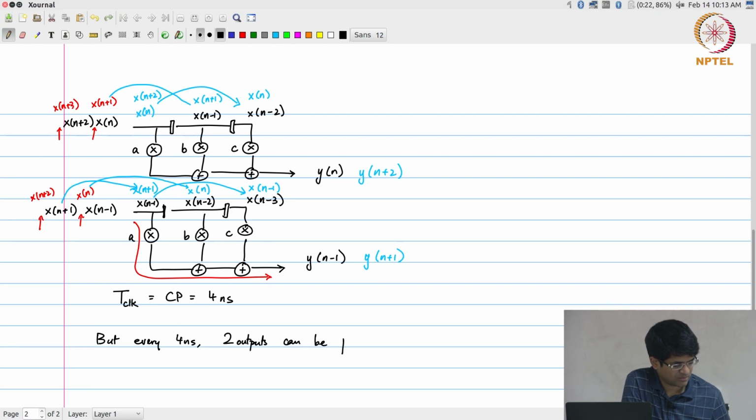Okay. And that effectively tells us that our sample period becomes half the clock period. Okay. The average sample period can become half the clock period simply because we have thrown twice the amount of hardware at it. Okay. There is nothing really very fancy about this.